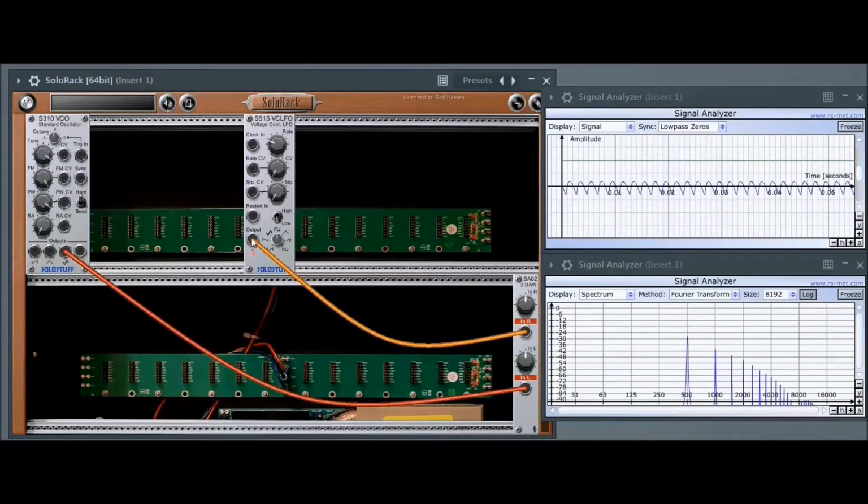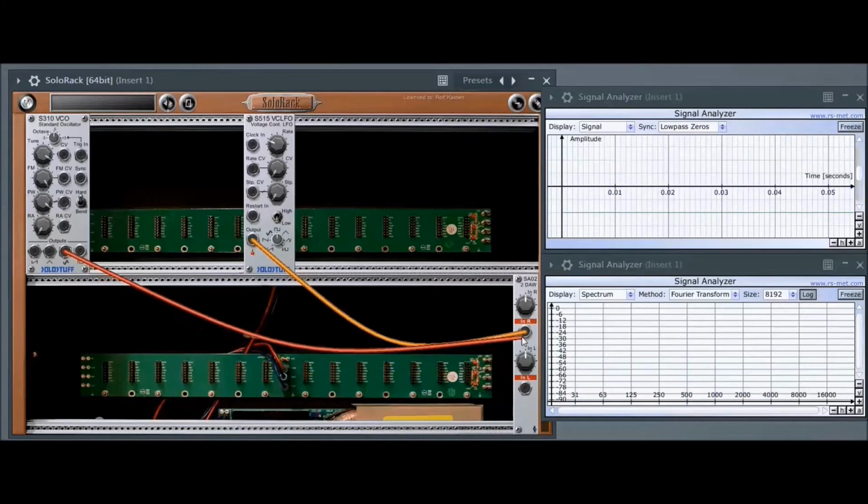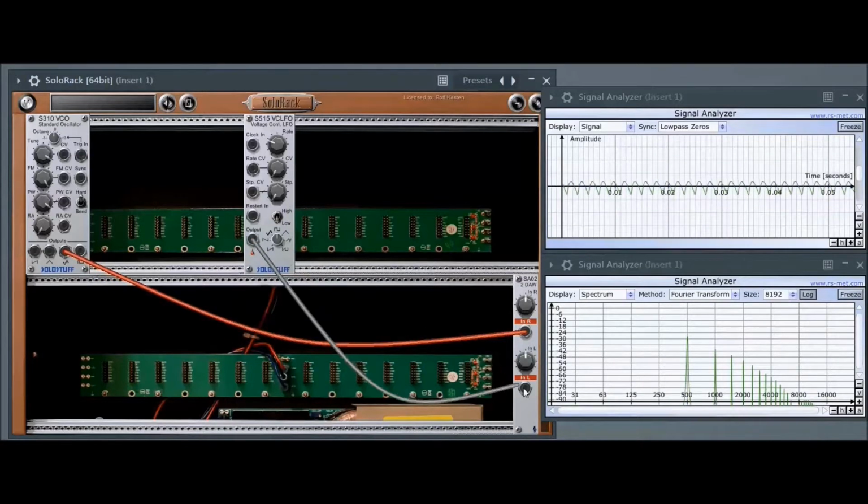We see and hear that the basic tuning, the octave, jumps up and down with the up and down flanks of the square wave. The upper signal analyzer shows the signals, green the sine wave output of the oscillator, and, what's more important for us right now, blue the up and down flanks, the high and low levels of the square wave. The lower signal analyzer shows the octave jumps.